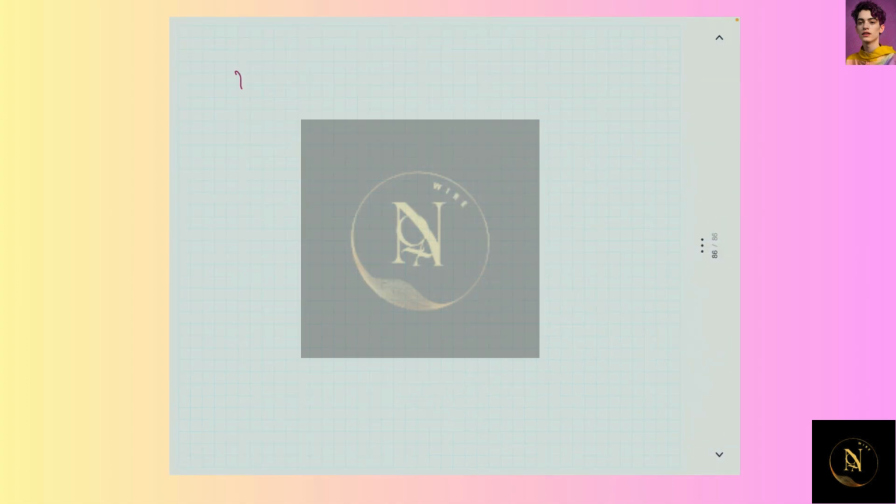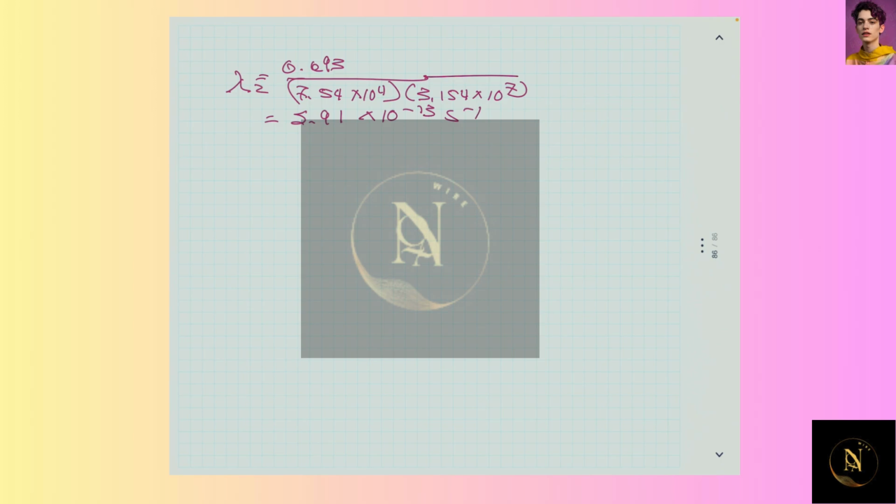Then we can do this for thorium to radium, 0.693 over 7.54 times 10 to the 4th times the same conversion, and this will equal 2.91 times 10 to the minus 13th seconds to the minus 1.